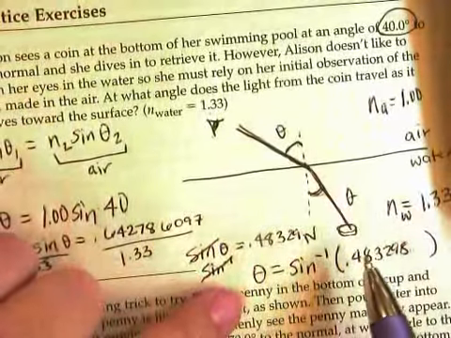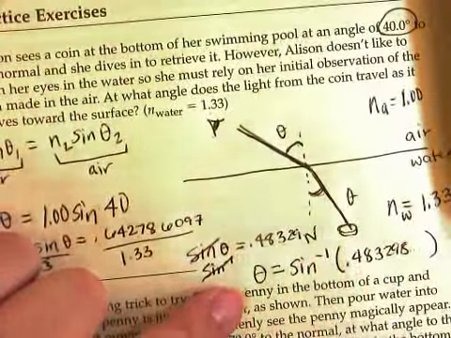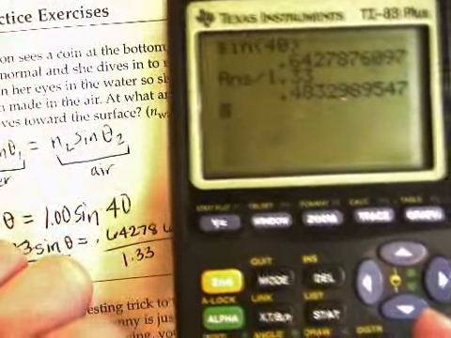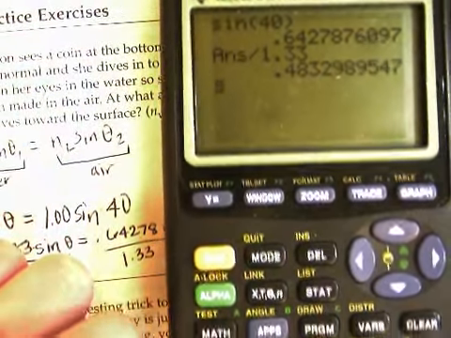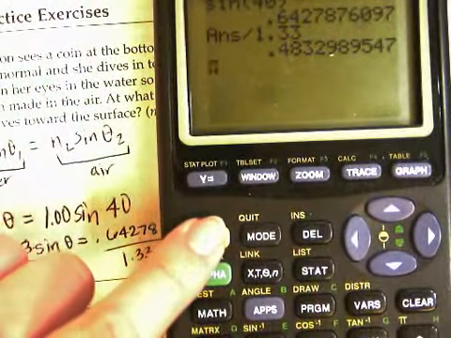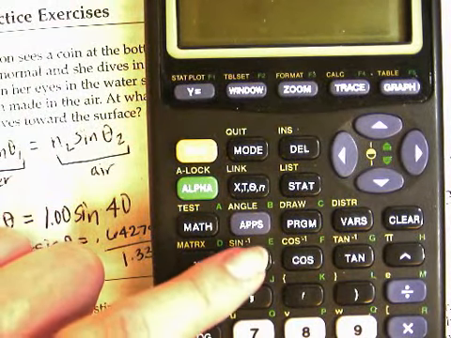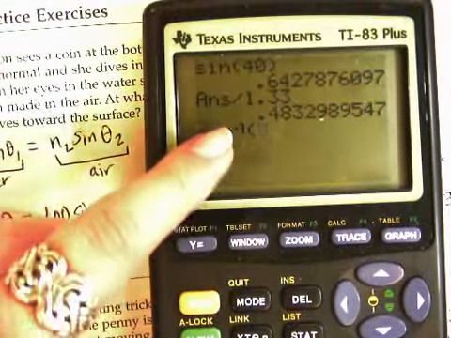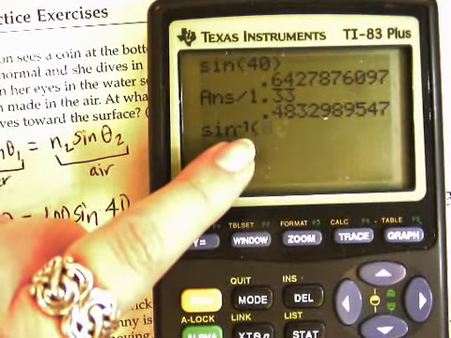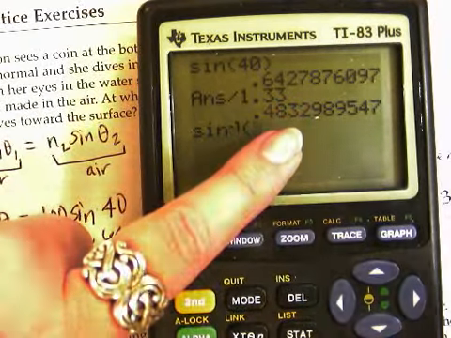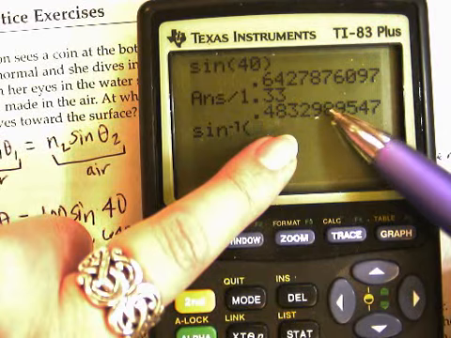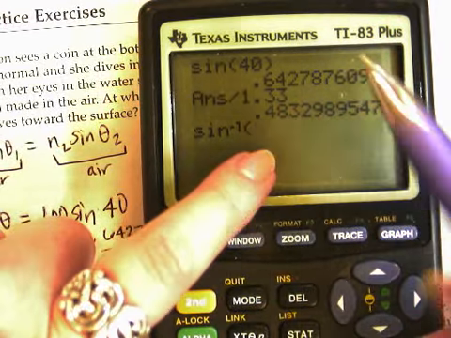At this point, you want to let your calculator do the actual calculation for you. This is how you do it. You hit second, and then you press the sine. You see that little sine to the -1? That is the inverse function. There it is, sine -1. And now we want the previous answer that was given to us in the calculator to be put into that parentheses.